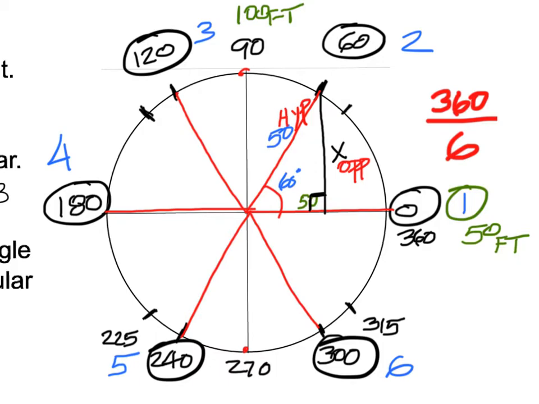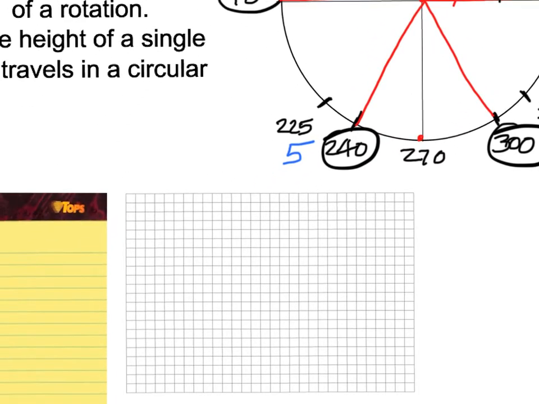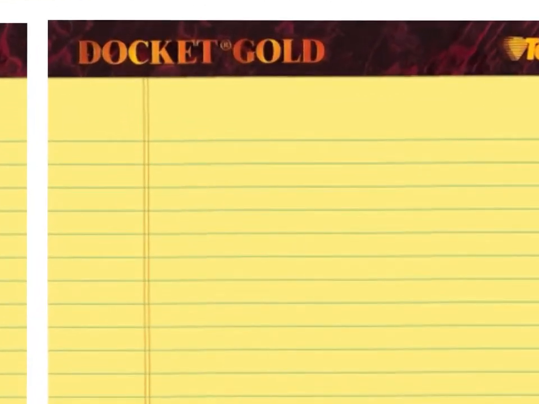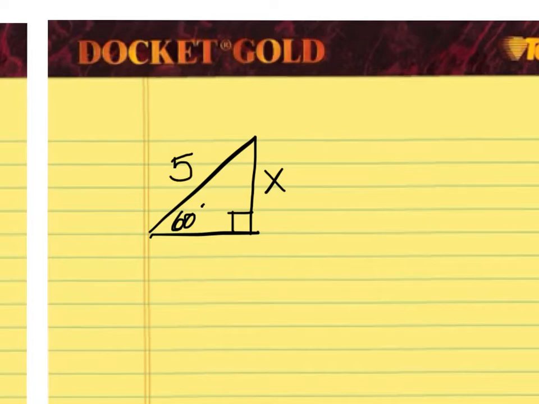So we want to come down here and do this. Here's the triangle that we had. There's x, there's 60 degrees, and we know we have 50. This is opposite, and this is hypotenuse.